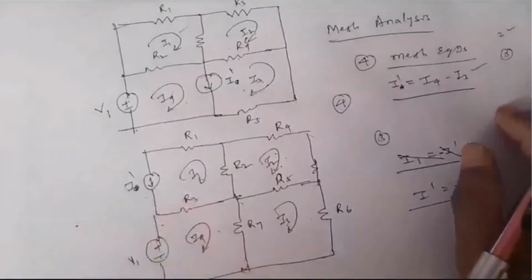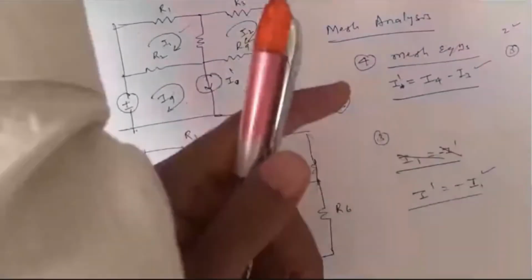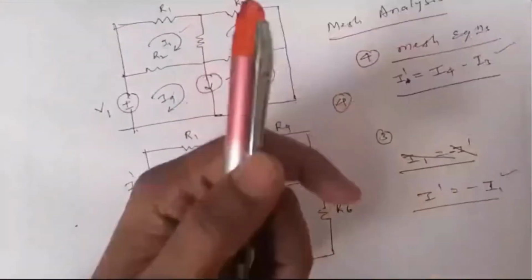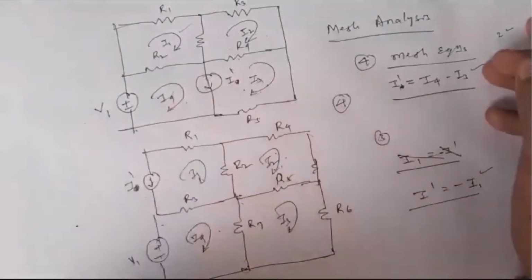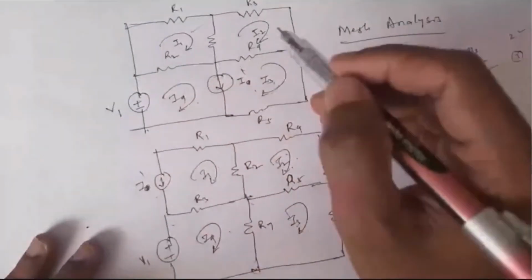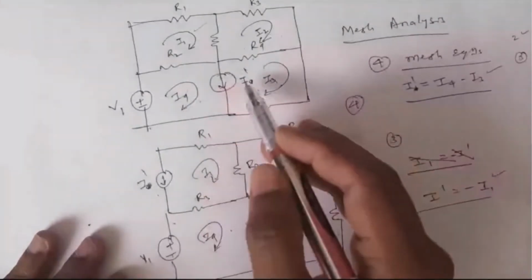That method was a little bit tedious because you should assume a voltage source and later eliminate it. There is another method to solve such a network where the current source is between two meshes.